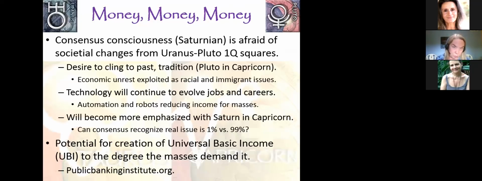And with Pluto going through Capricorn right now, it has added on to this pendulum swing towards conservatism and trying to have us go backwards socially, especially from evolutionary astrology's perspective. And so there is, remember those 3 choices?